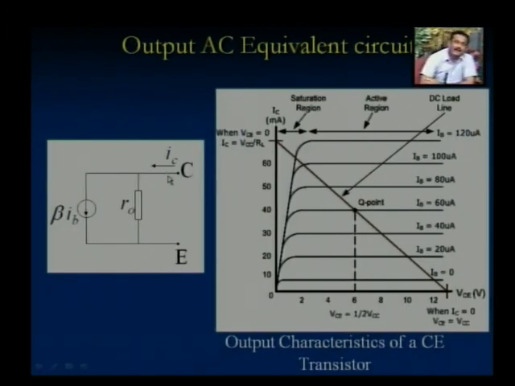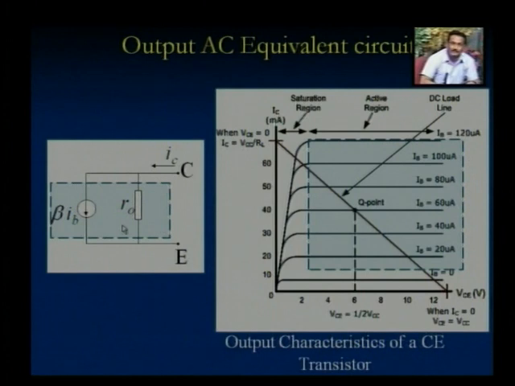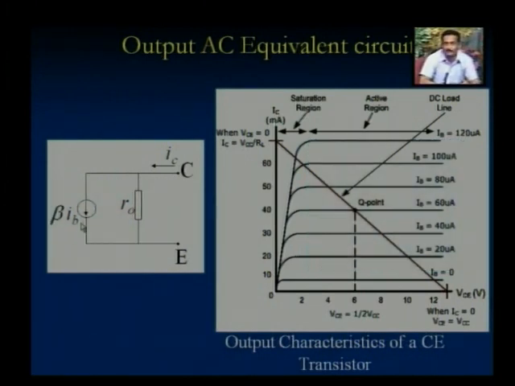Between collector and emitter is the output characteristics. If you look at the output characteristics, at a particular base current it increases slowly and then becomes almost constant. So it represents once again a constant current source, which depends on the particular value of IB. We represent that here by beta IB, where beta is the current amplification factor.